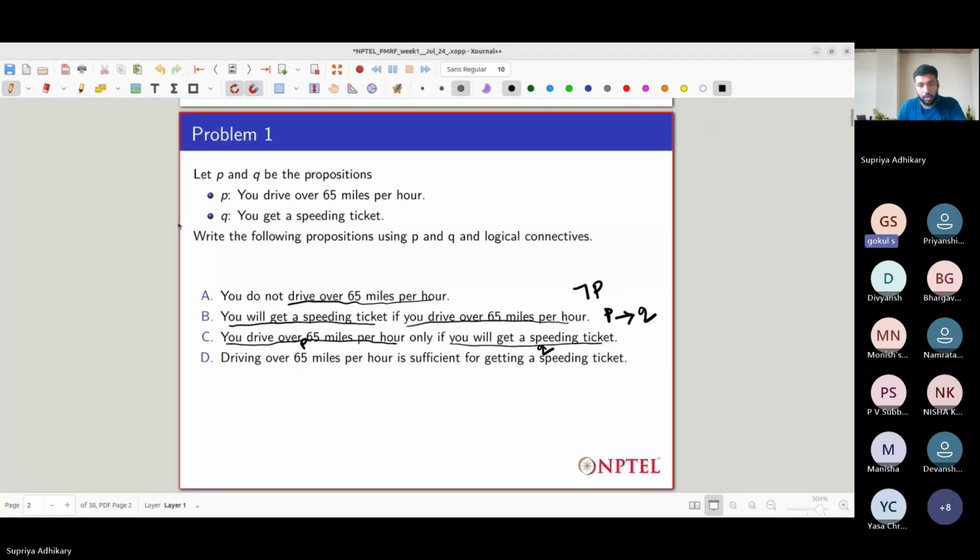I would say that only when Q is true can you say that P is true, so Q is the necessary condition for P. Whenever P is true, Q is also true.